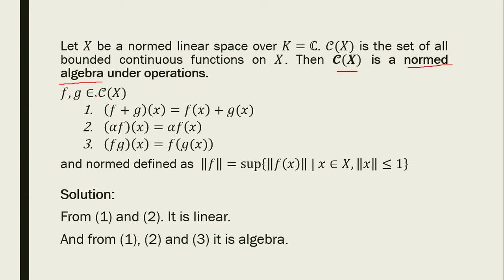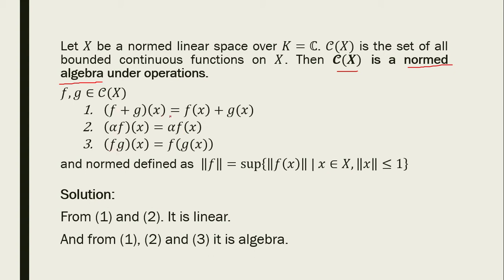F, G belong to script C of X. First, (F plus G) of X is equal to F of X plus G of X. The operations are pointwise addition, scalar multiplication, and multiplication.